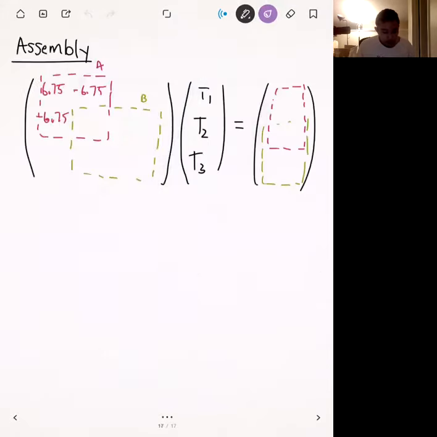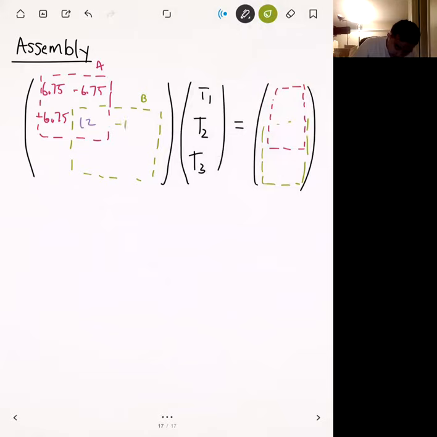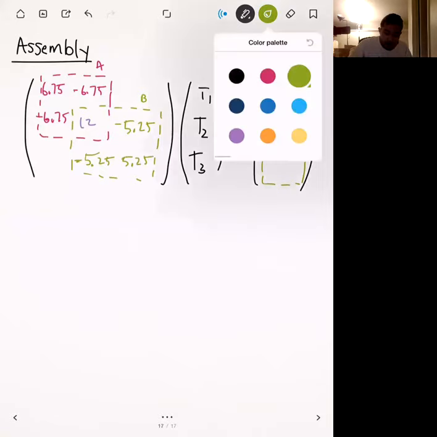For that spot that we're intersecting, we have 5.25 plus 6.75, and so that's going to give us 12. Then we have minus 5.25, minus 5.25, 5.25.